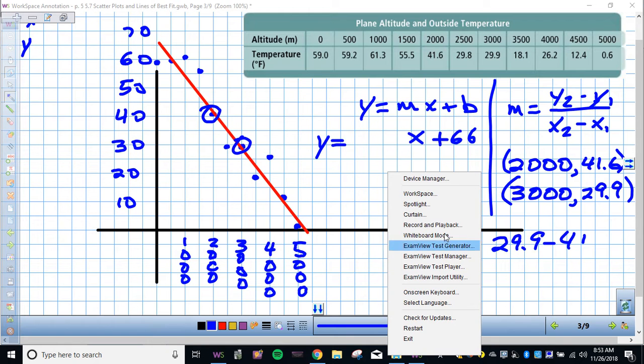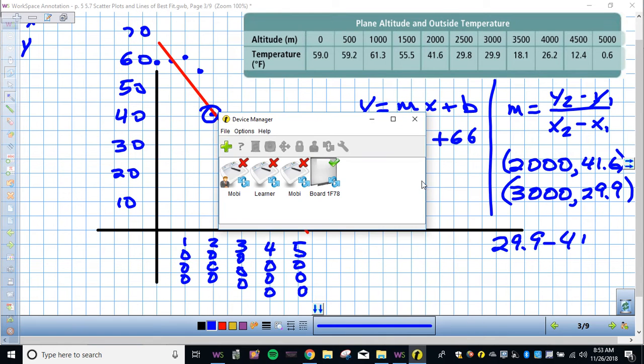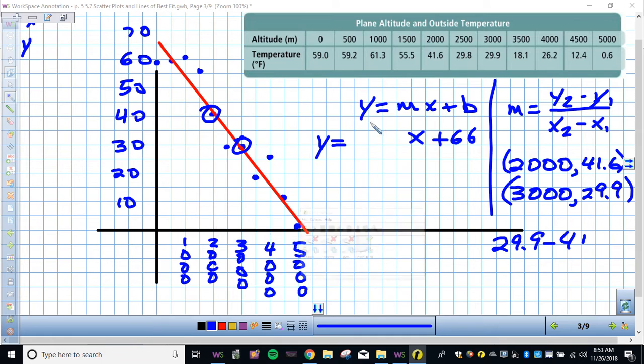It's a pain in the middle of the equation to do it like that. I think we're good. It's weird how it stopped in the middle of a number. 29.9 minus 41.6. What's the bottom? That is 3,000 minus 2,000. Good.